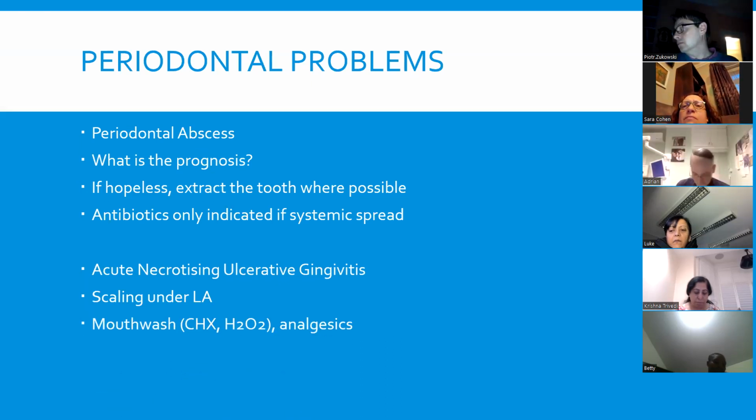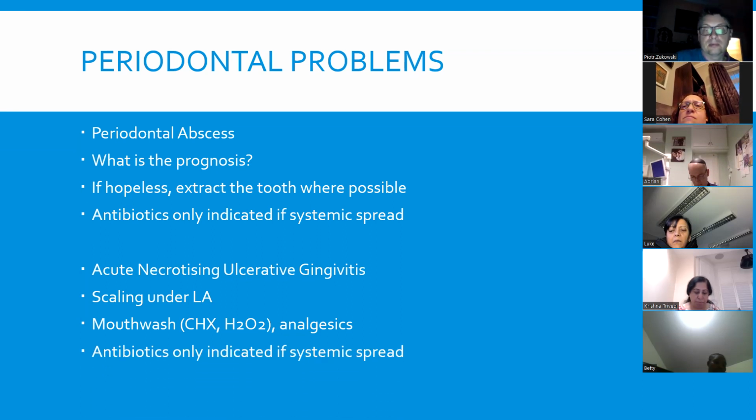Mouthwash, chlorhexidine, hydrogen peroxide, painkillers, salt water maybe, but I usually go for hydrogen peroxide. Antibiotics indicated only with systemic spread. There are some that say if the patient's coming back and they've had it treated once with scaling under local anaesthetic and mouthwash and it's still there, then antibiotics might help and it will be metronidazole. But certainly it's not first-line treatment.